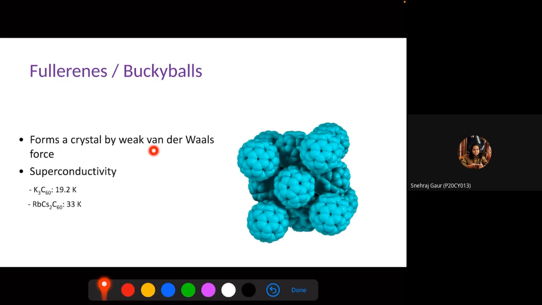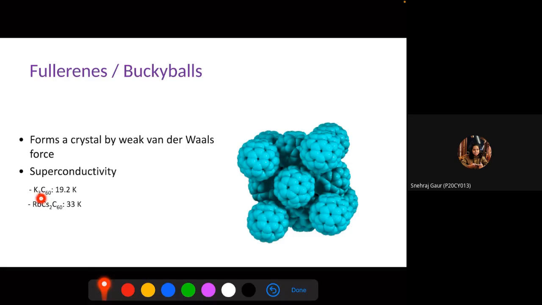It shows superconductivity as well, though of course you need to dope it. This doping leads to superconductivity, as you can see here. Fullerene itself is not really superconducting, but you have to dope it with potassium or some other elements to get superconductivity out of it, although the critical temperature, TC, is quite low.